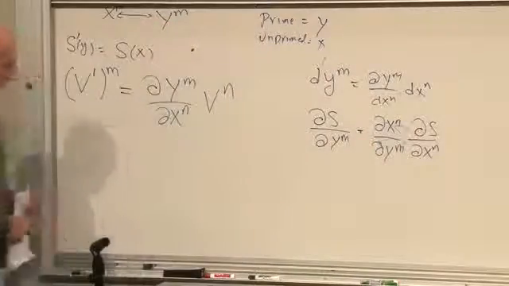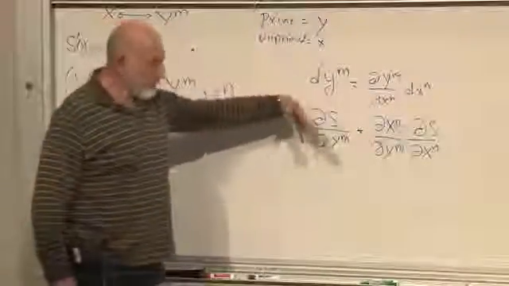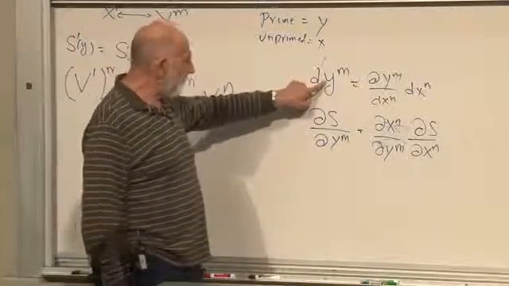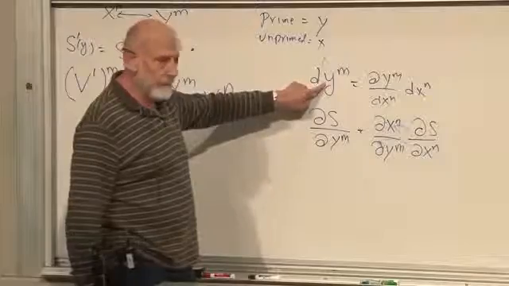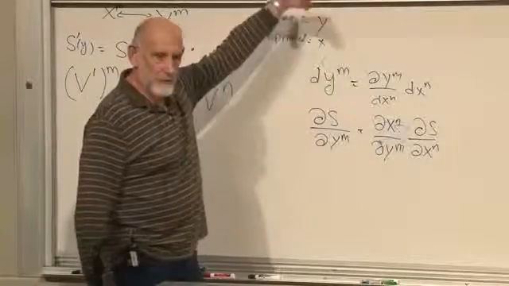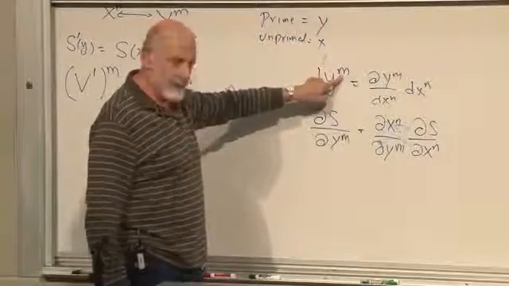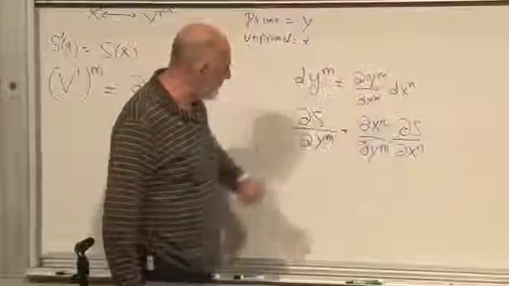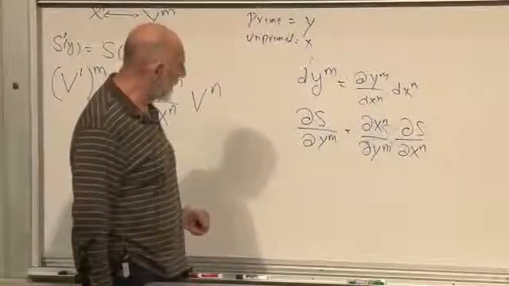Notice the difference. Notice how the notation carries you along. On the left-hand side, I have a y with an upstairs index m. On the right-hand side, I also have a y with an upstairs index m.